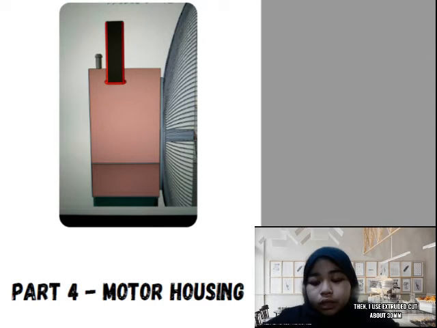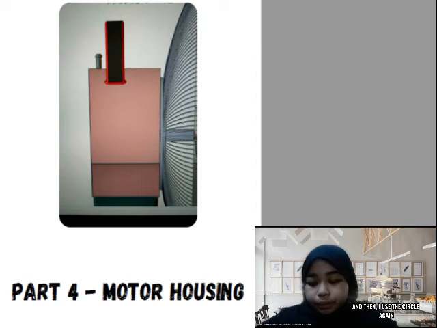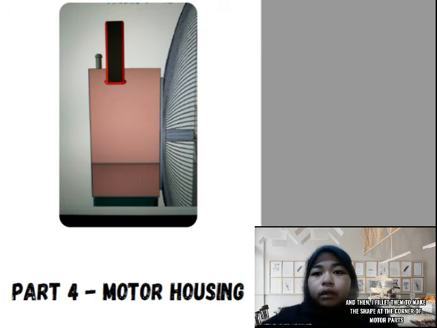Then I will use the extruded cut about 30 mm. Then I will use the circle about 2 times, and then I will use the circle again, and then I will fillet it to make the shape at the corner of the motor part. Okay, that's all from me.